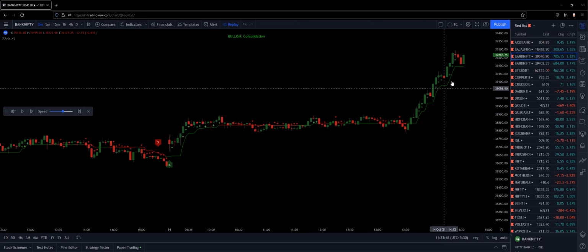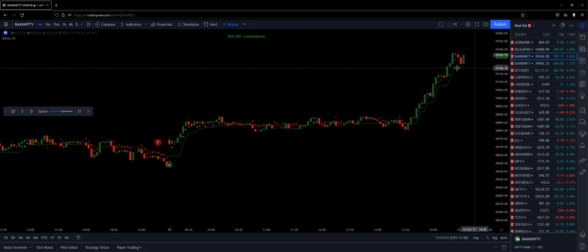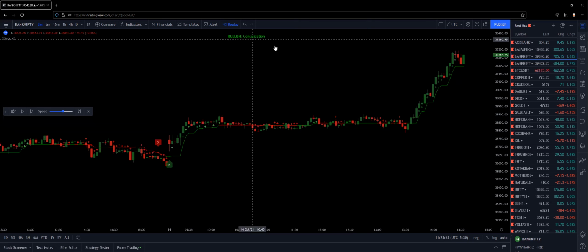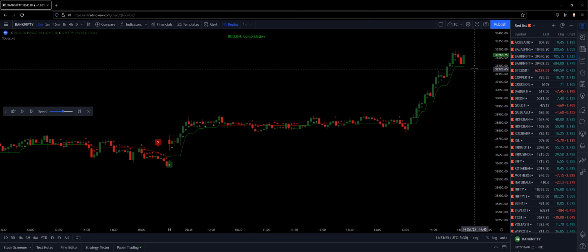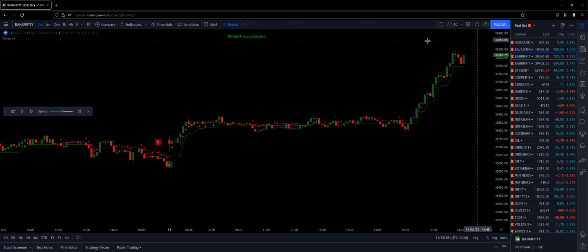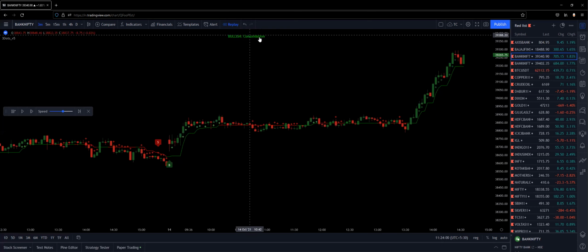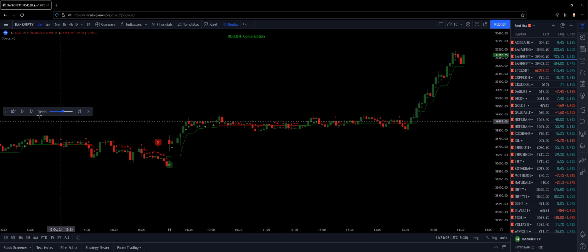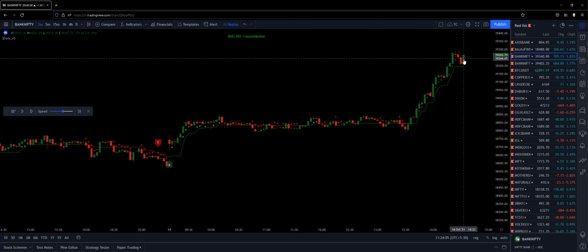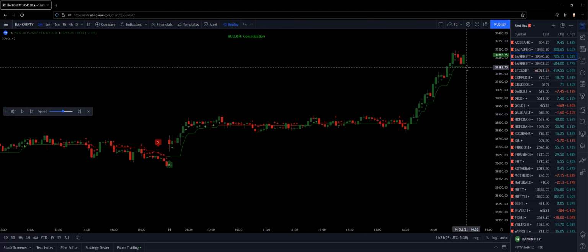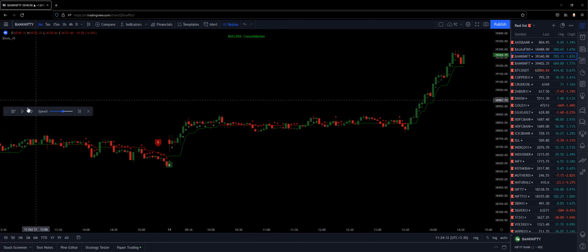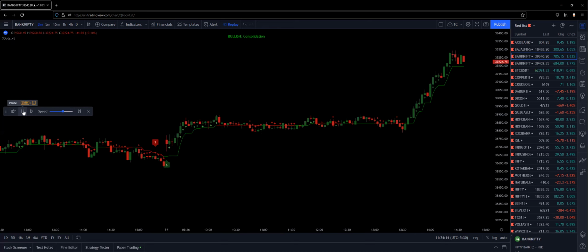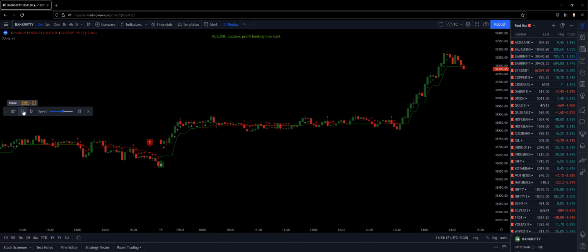Wait, but whenever there is a range bound at the higher level, it's a consolidation or a pullback, and they're buying here to take it upside again. That's the message: consolidating on the bullish side before going up. If the price starts trading below our trend strength, that is a caution for us to exit. Just keenly observe here, there would be a message saying the candle is kind of closing.